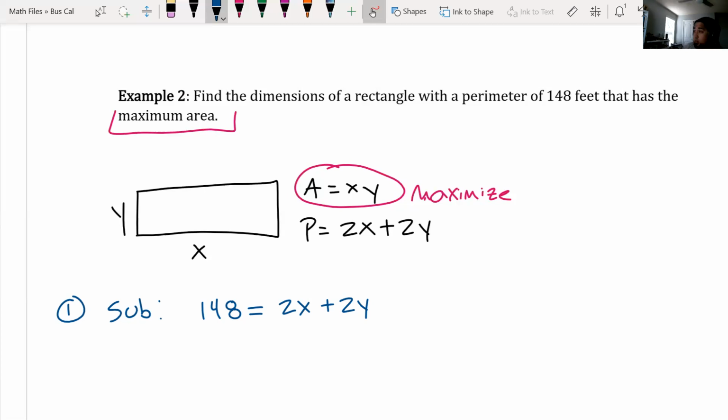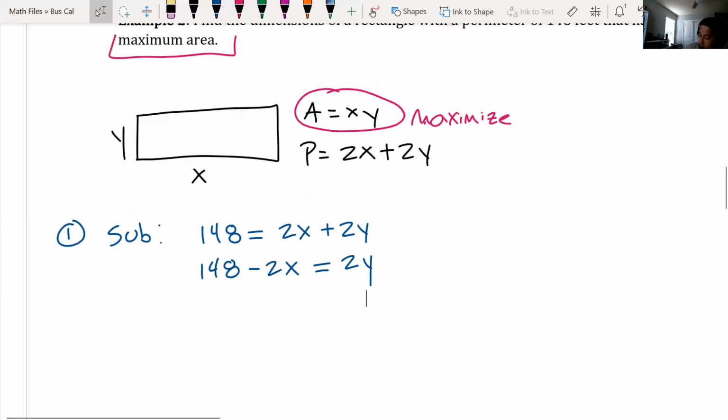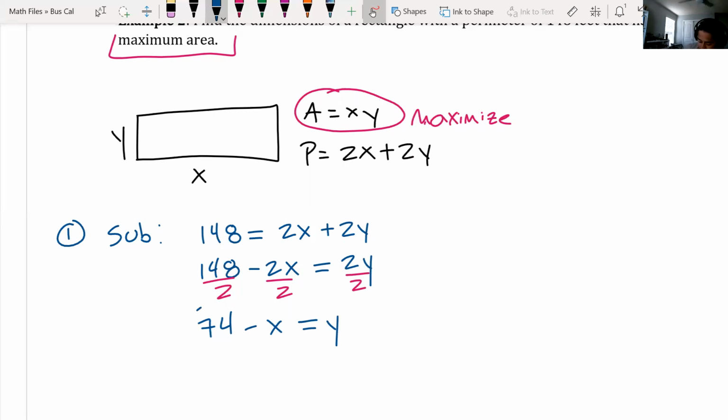So that means that 2x is coming to the left. I get 148 minus 2x equal to 2y. And then I'll divide everything by 2. And this will give me 148 divided by 2, that's 74 minus x equal to y.